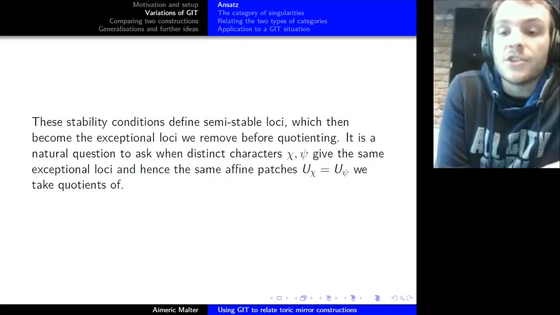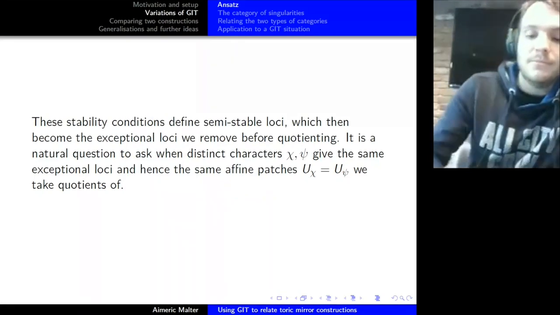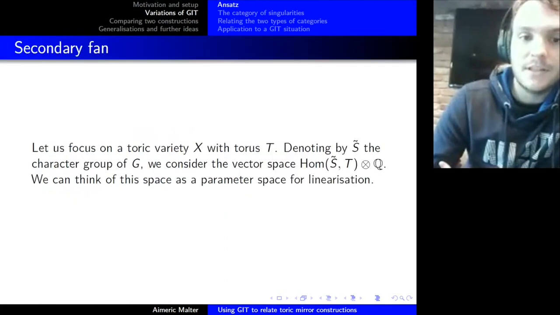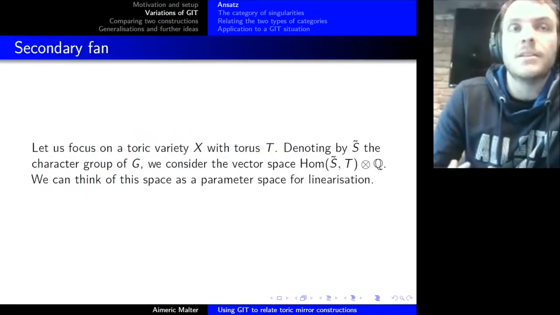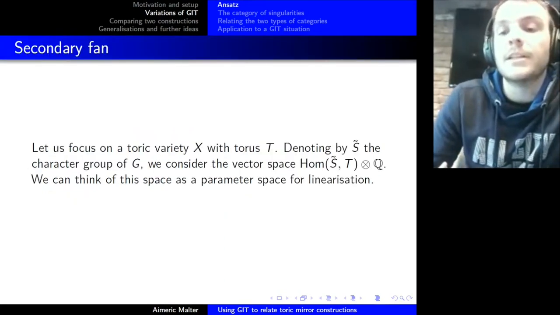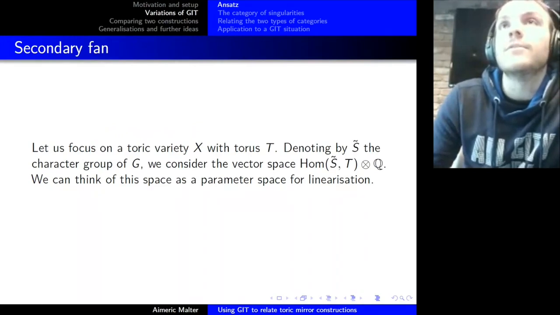But sometimes these characters share the same affine patch. Now, if you think of the parameter space of the character group, so the parameter space of linearizations, you write down all your characters in a space, then you play the game of saying, okay, if two characters give me the same affine patch, I group them together.